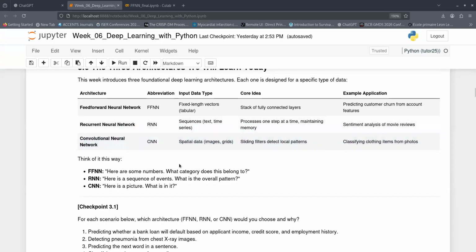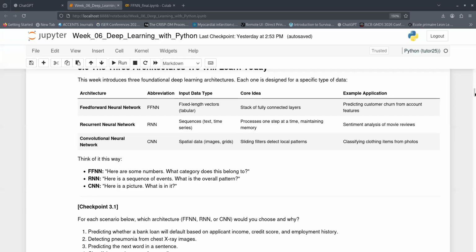We need to think of it this way. For the FFNN, here are some numbers: what category does this belong to? For the RNN, here is a sequence of events: what is the overall pattern? For the CNN, here is a picture: what is in it?